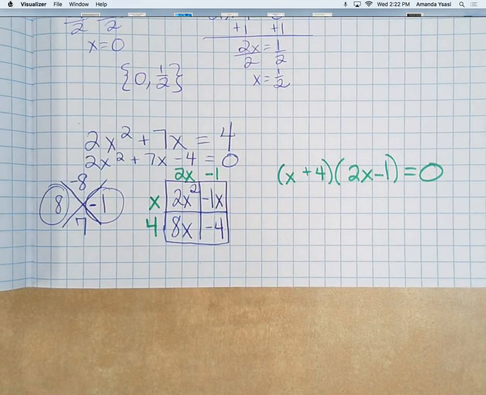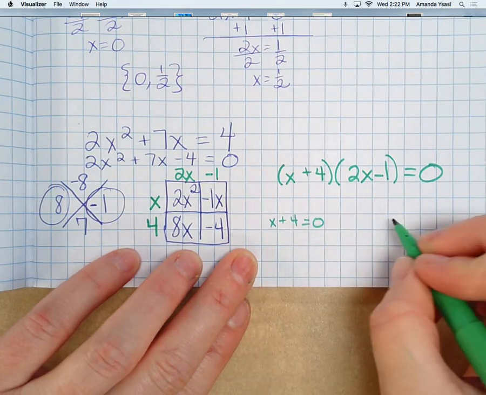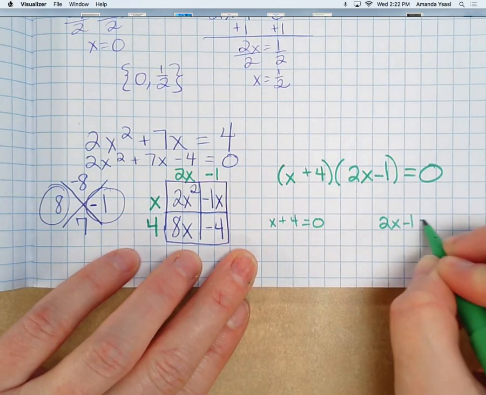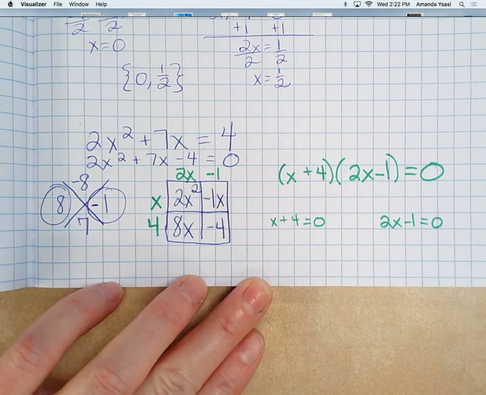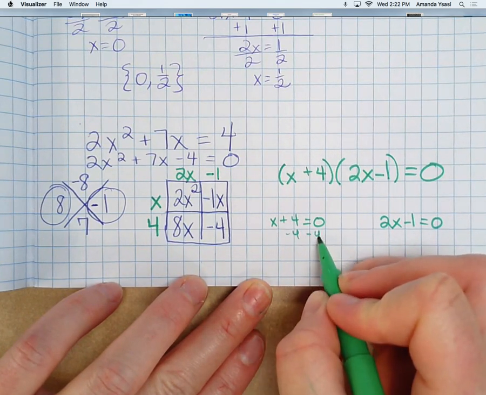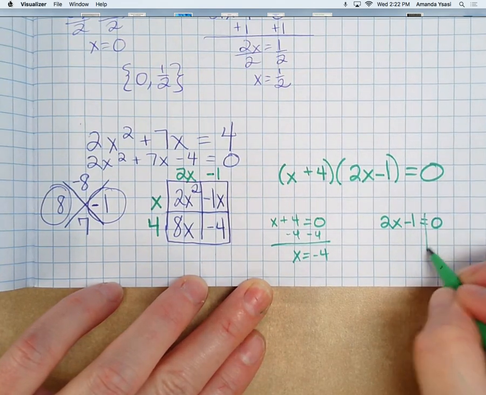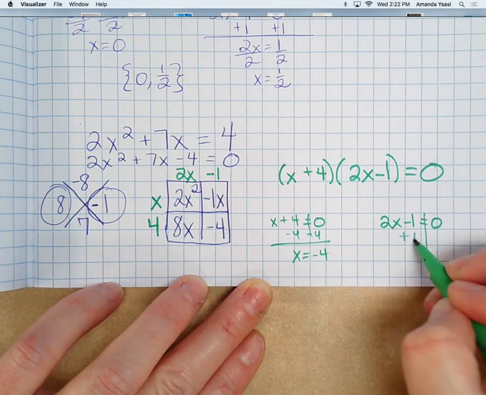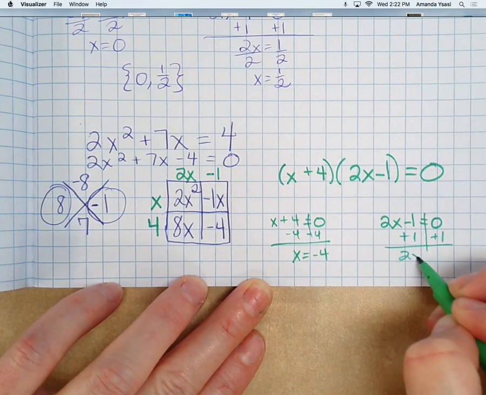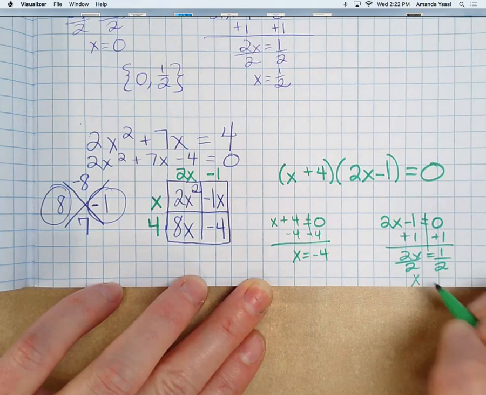So we factored it. So now we want to set each factor equal to 0 and solve for x. So we have x plus 4 equals 0 and 2x minus 1 equals 0. So if we solve this one, x equals negative 4. Solve this one. x equals a half.